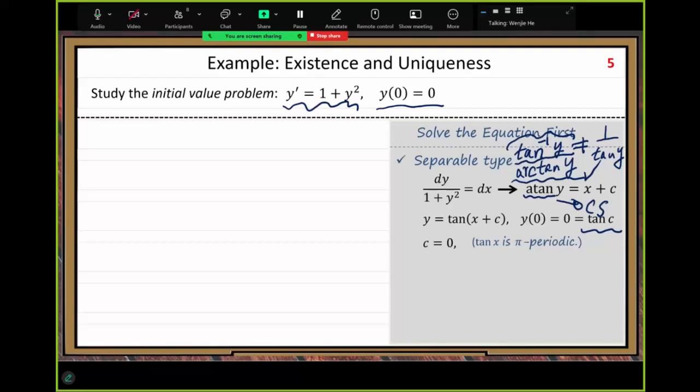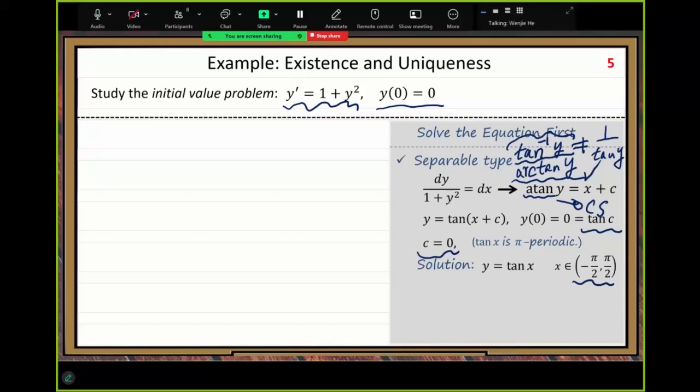We select one period around this 0. Above 0, half pi. Below 0, another half pi. So the solution is y equals tangent, but in this one period, plus minus pi over 2.